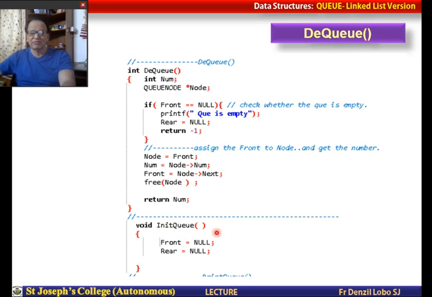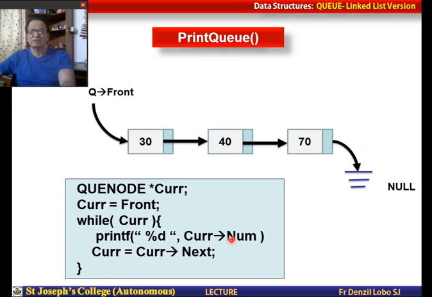So this is the function to init the queue, front is equal to null and rear is equal to null. So here printing, you are very familiar. You assign the address of the front to a variable called current, which has queue node type. As long as current is there, every time you come here, print this number. You go here, current next, print this number.